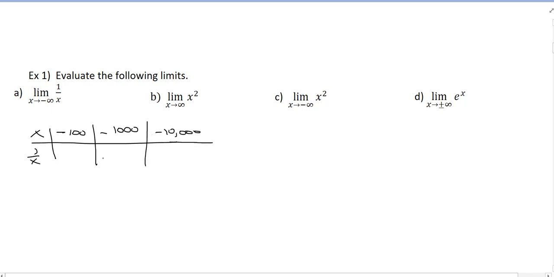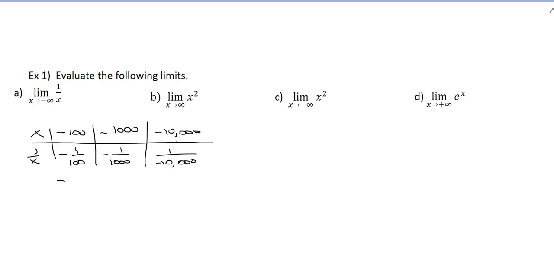So what happens when you do this? Notice that 1 over x will be negative 1 over 100. x equals negative 1,000 will be negative 1 over 1,000, and so on, negative 1 over 10,000. And notice that these are very, very small numbers. What is negative 1 over 100 in decimal points?